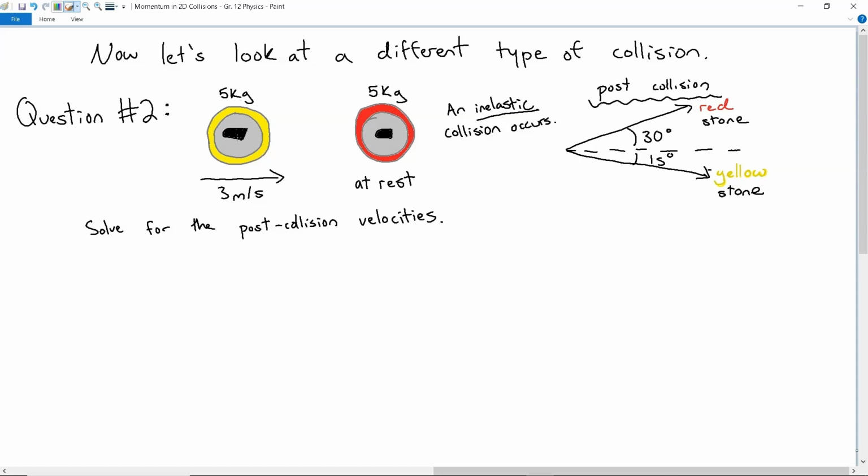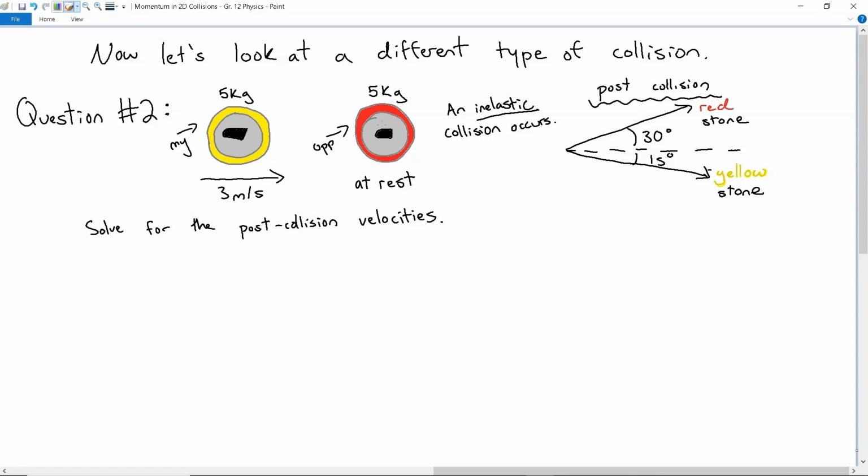And since I'm Canadian, I'm using curling stones for this example. So my curling stone is yellow. My opponent's is in red. So in this scenario, I am throwing my stone, which weighs 5 kilos, at 3 meters per second.